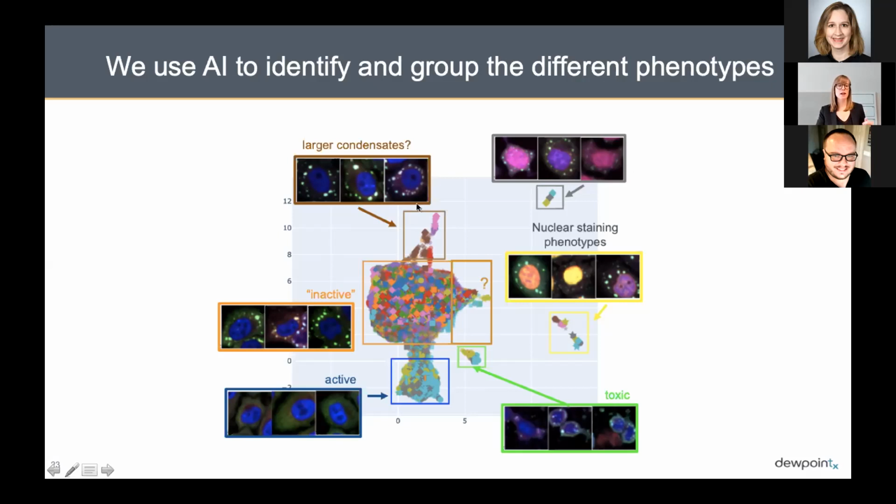So these would be small molecules that promote the formation of these condensates. Another cluster, for example this one here, really clusters compounds that are toxic to the cells. In this way, we can further classify and understand our HTS outcome.